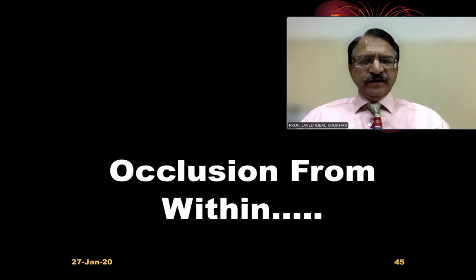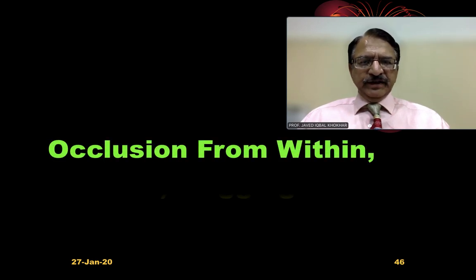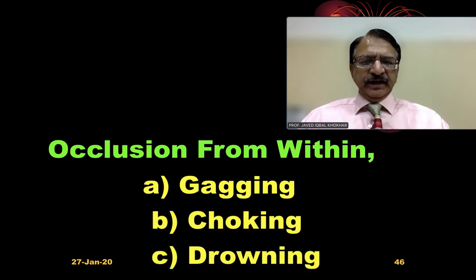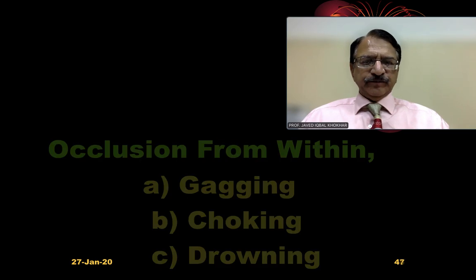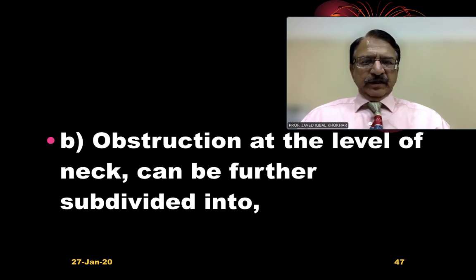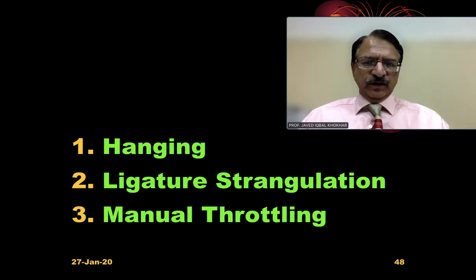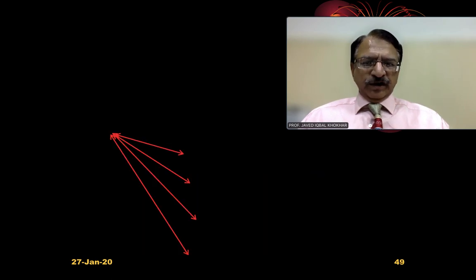Now, occlusion from within can further be subdivided into gagging, choking and drowning. They are all occlusion from within. The obstruction at the level of the neck can further be subdivided into hanging, ligature strangulation and manual throttling.